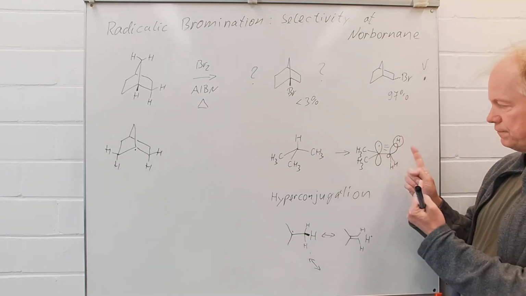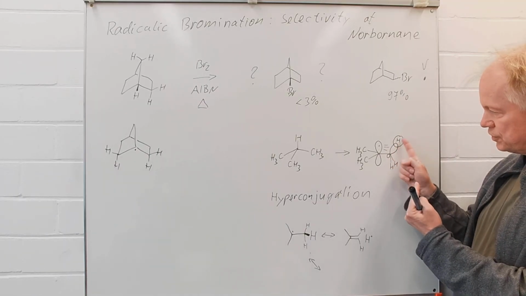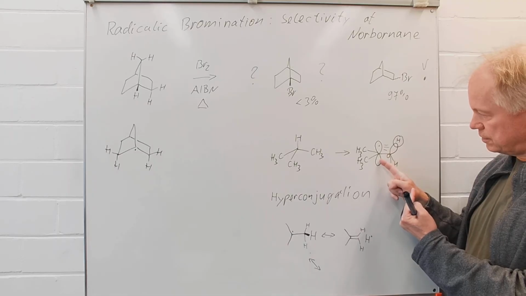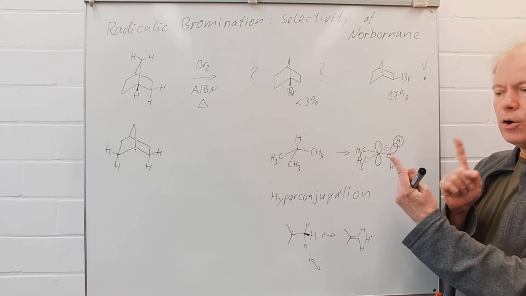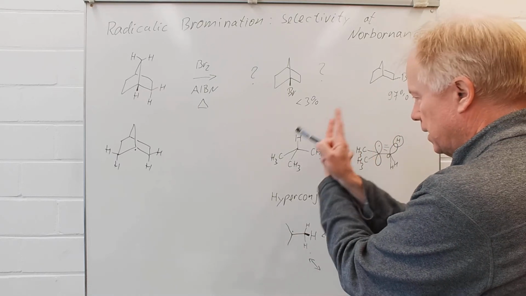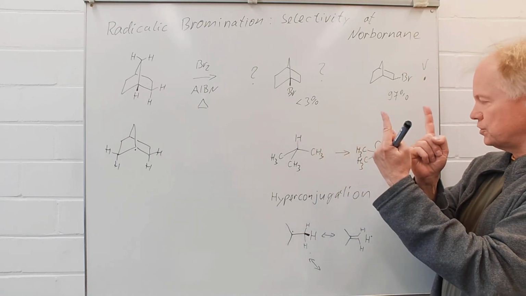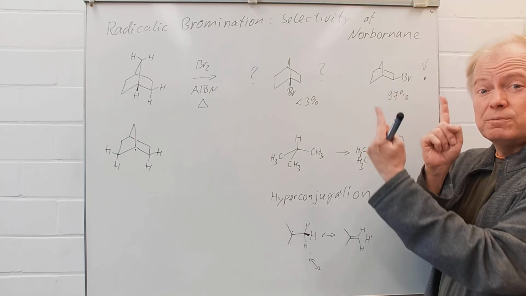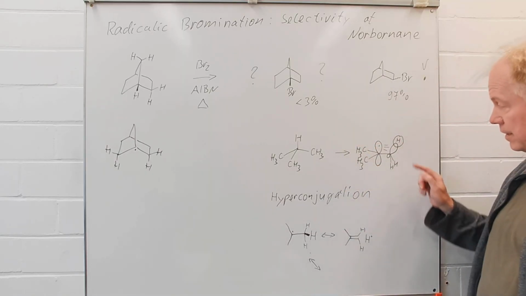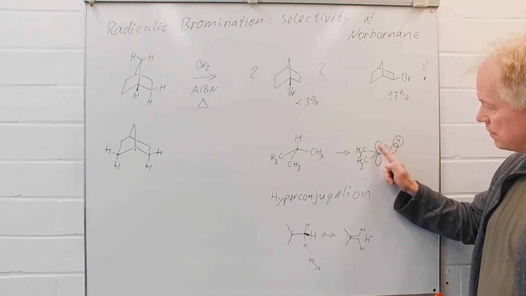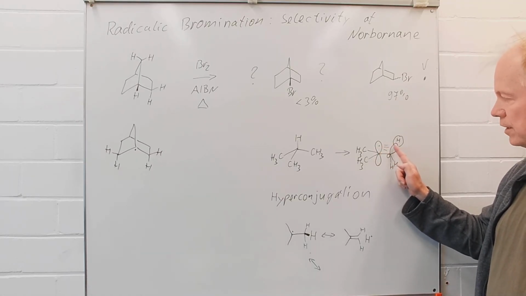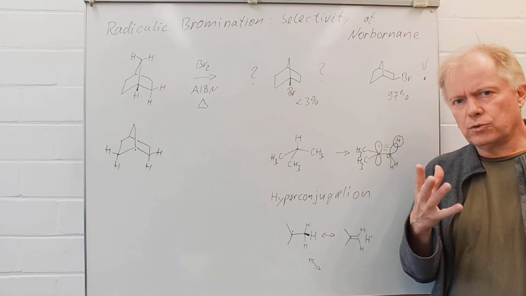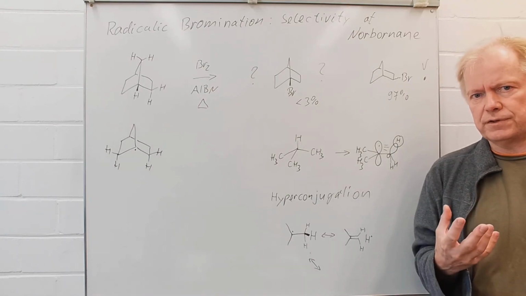If this CH bond and this p orbital are oriented in line, we would say they are periplanar, then overlap can take place here, an overlap between orbitals with electrons in there.